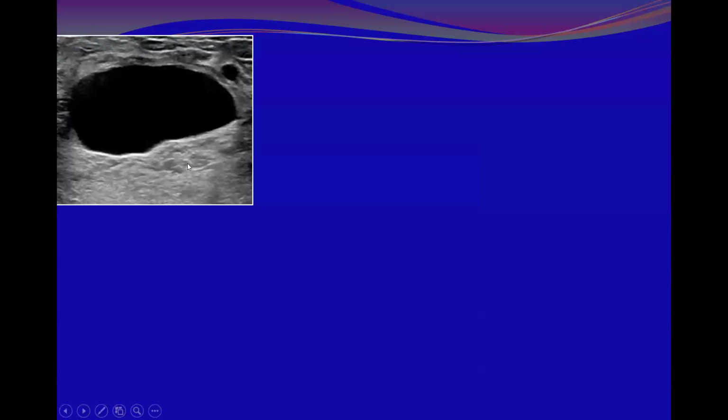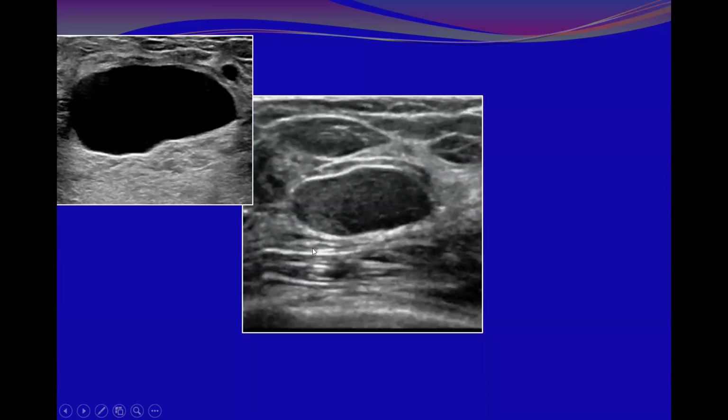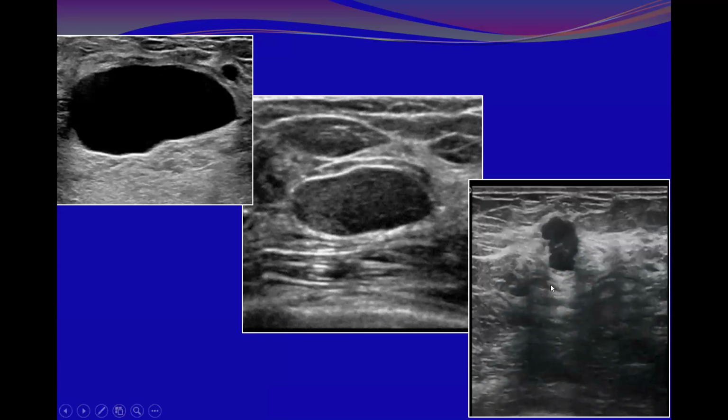And here an intense bright column posterior to this simple cyst. And again, here there is a bright column posterior, but not as intense as in this one. I can see the tissue through this white column, and look here, the white column is following the contour of the mass.